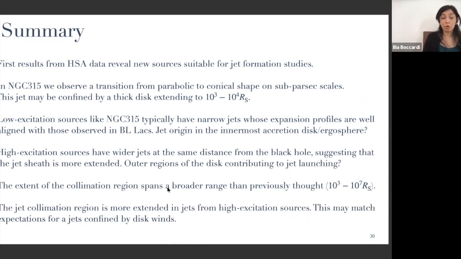We have also found a really good candidate, in addition to M87, for probing scales of less than 10 to the 2 Schwarzschild radii, and potentially this source, NGC 315, may also be suitable for observations with the Event Horizon Telescope. The rest I have already talked about, so I will leave you with a summary, and I'm happy to have your questions.